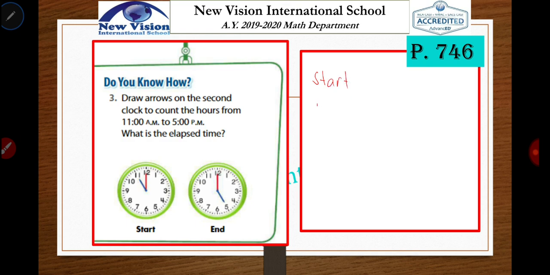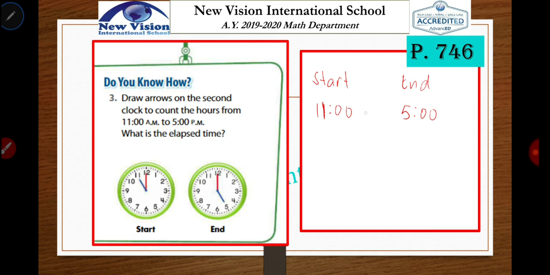Okay, start. So we have 11 o'clock. Do you agree? Now the end time is at, as you can see, the shorthand is at 5 and the longhand is at 12, so that's 5 o'clock.